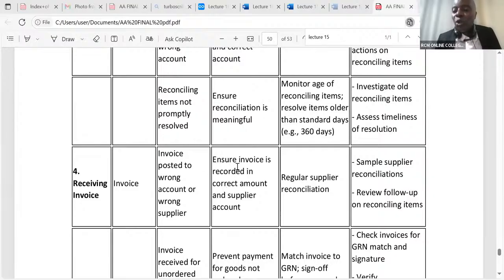So the best control is regular supplier reconciliations. Always ensure that you are reconciling these accounts payable, AP. And when we are reconciling accounts payable, of course, we shall have the individual suppliers' ledgers. But we must trace the same to what we call the GL, the general ledger.